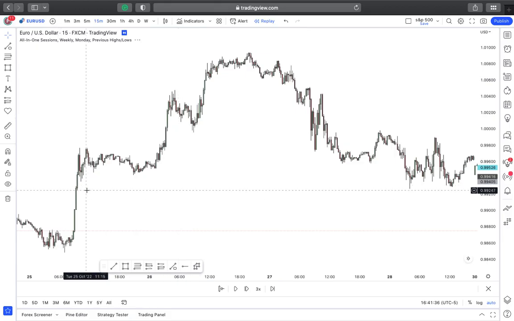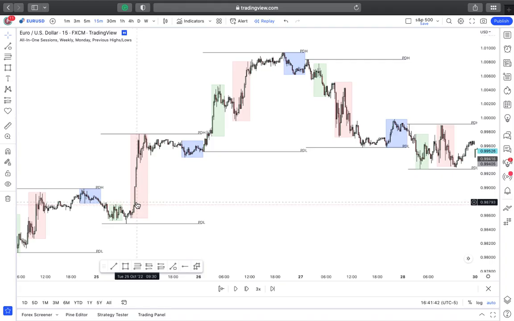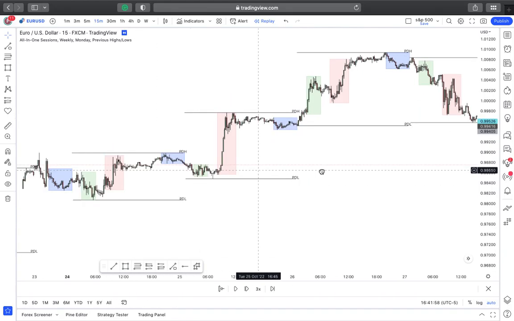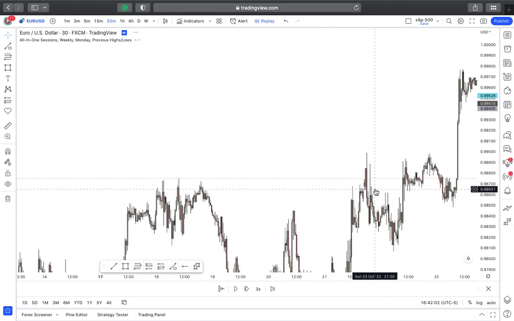If you look somewhere here, I don't know what caused this move. Either there was news or this happened during the New York session, 25th October. I will check the history of the news, so I will let you know if there was. So this is the imbalance.